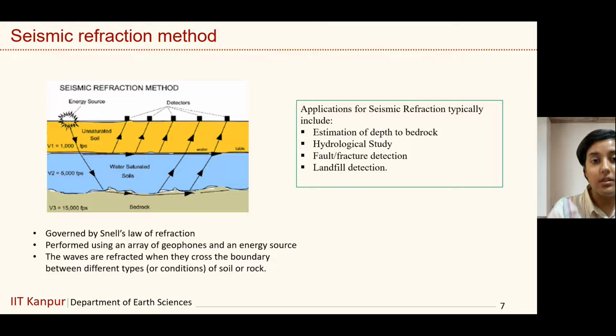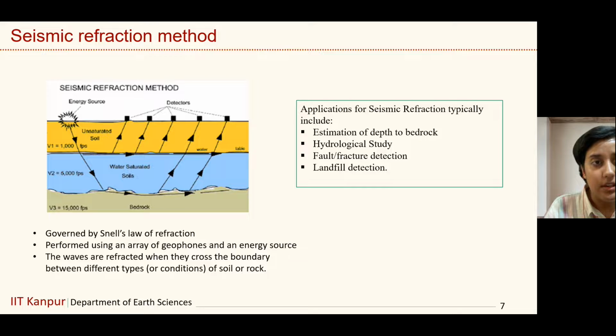And when again this angle becomes equal to the critical angle, it emerges as a refracted wave, and that refracted wave we can capture using our detectors, which are geophones, if we are talking about the land survey.